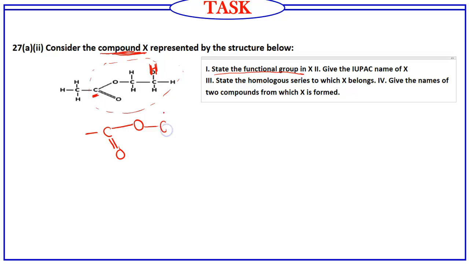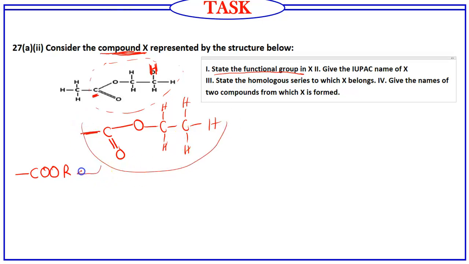You can write this as R here, or you write it the way they gave it to you. Remember what we said in the first video. The functional group of esters is this.